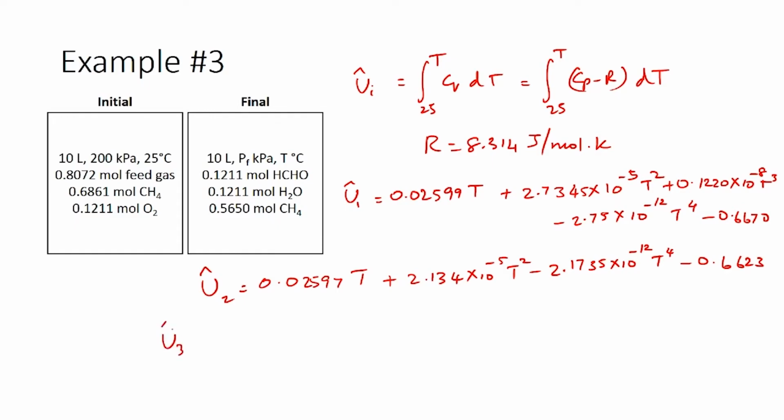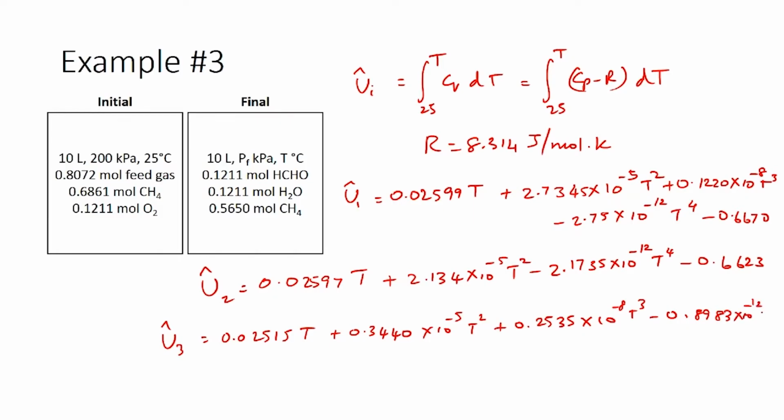So, your final U3 cap would be 0.02515 T plus 0.3440 times 10 power minus 5 T squared plus 0.2535 times 10 power minus 8 T cube minus 0.8983 times 10 power minus 12 T power 4 minus 0.6309 kilojoules per mole. So, again you will be able to get the Cp values from the textbook or from other reference books. So, you can substitute that to get Cv value and you will be able to calculate the internal energy changes as I have shown here.